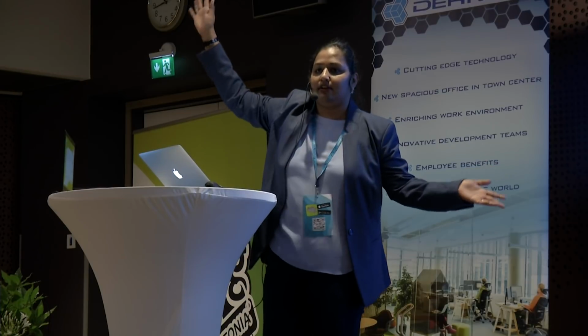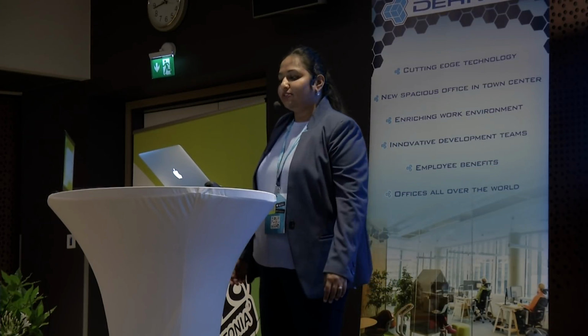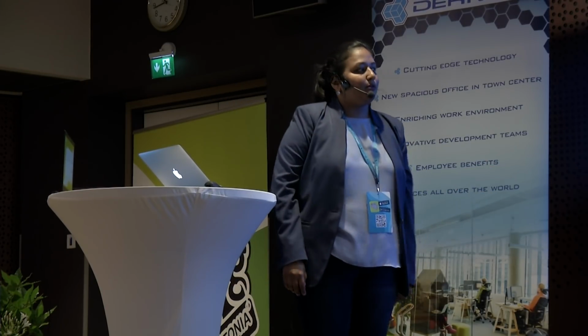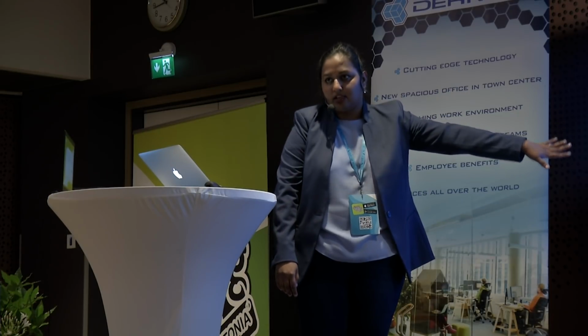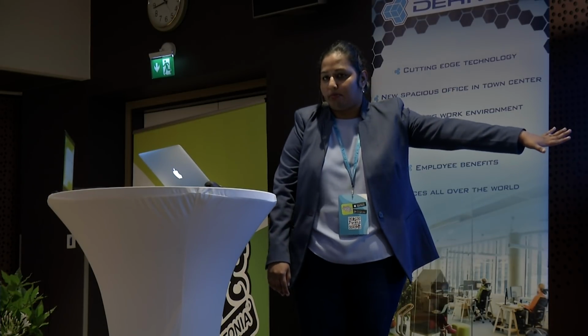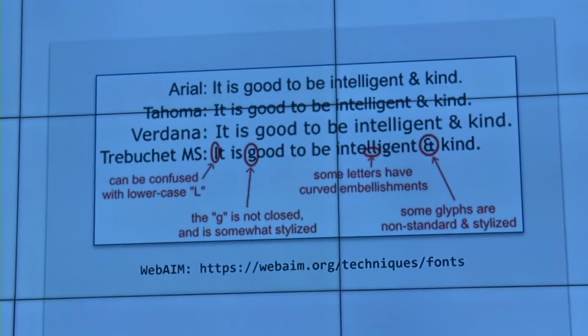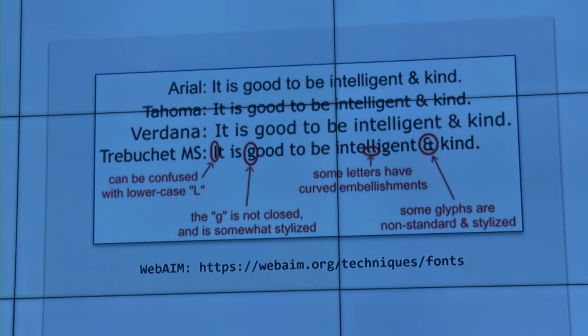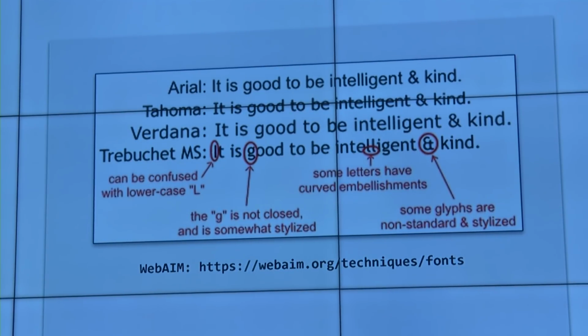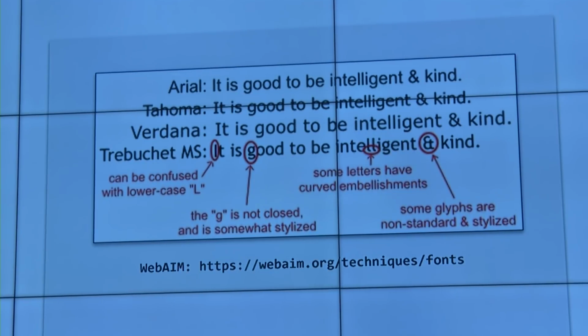So WebAIM, which stands for Web Accessibility in Mind, is another website where they tell you how to use font families, font styles, font sizes, and weights that adhere to accessibility standards. So yeah, in this example, you can see Trebuchet is not a good idea to use.